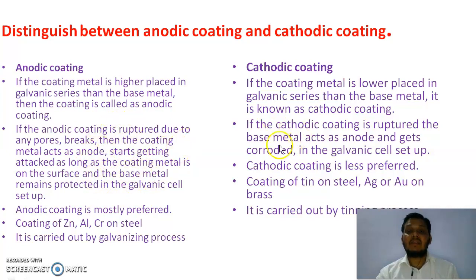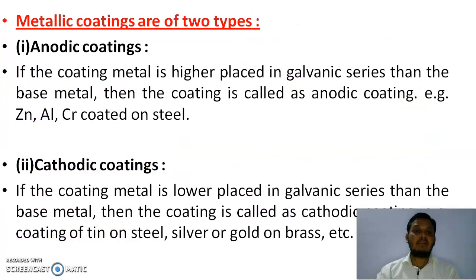In cathodic coating, if the coating is ruptured, the base metal acts as the anode and gets corroded in the galvanic cell setup. Due to this reason, anodic coating is more preferred as compared to cathodic coating. I hope you understood the concept of anodic and cathodic coating.